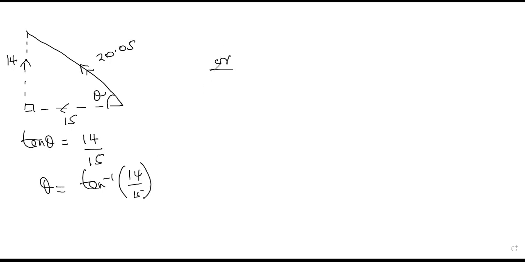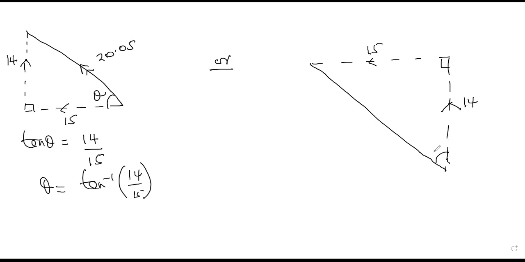Alternatively, someone who sketched negative 15I and positive 14J like this would also be fine. So this is your resultant, 20.05.